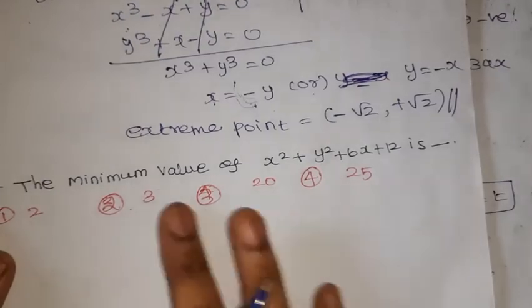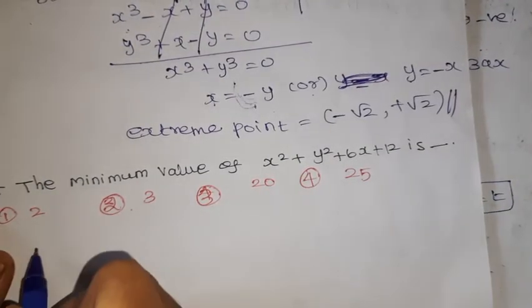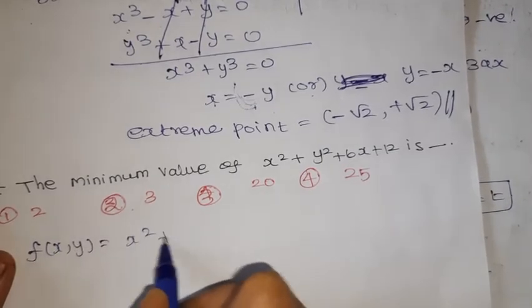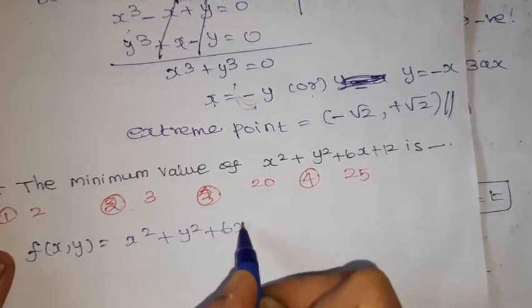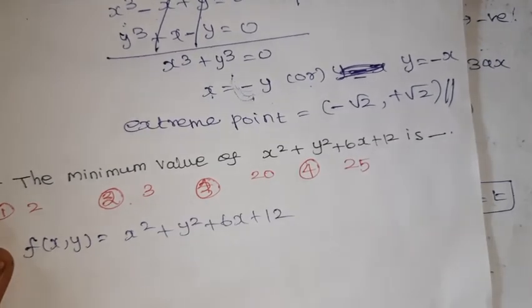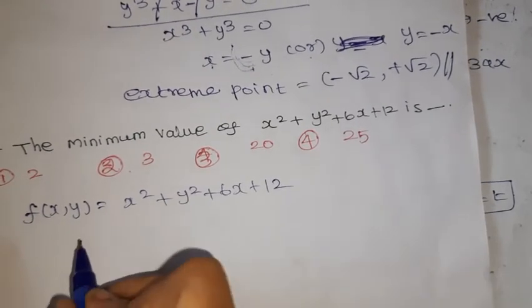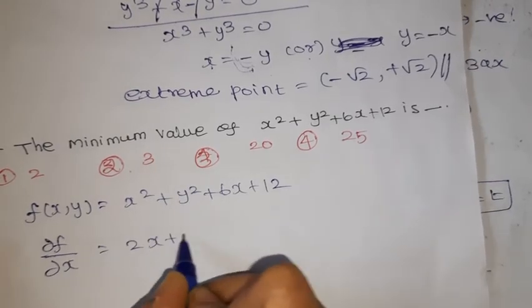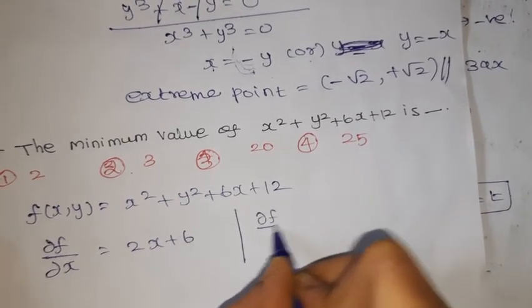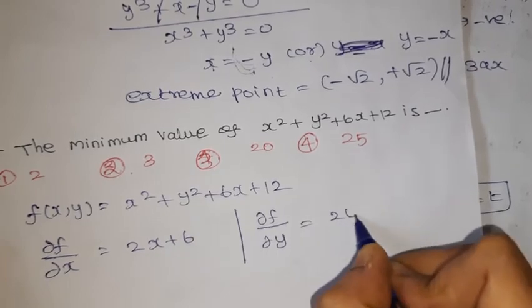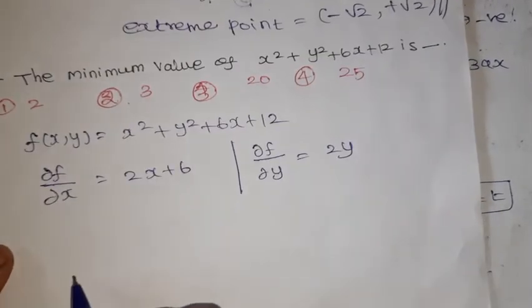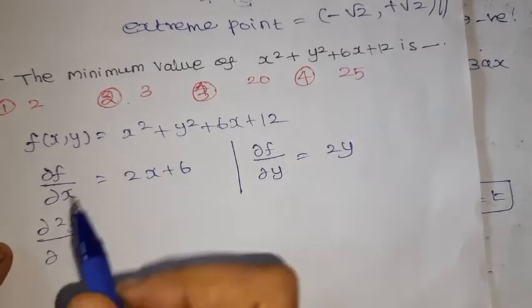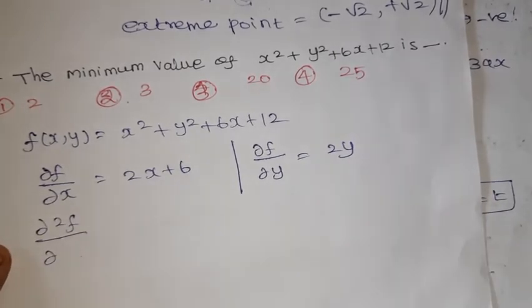Then we need to find the minimum value of the given function. What is the given function? f of x comma y equals x square plus y square plus 6x plus 12. We need to find dou f by dou x, 2x plus 6, then dou f by dou y, 2y, then dou squared f by dou x squared. We need to find R, S, T. From that we can find the minimum points.